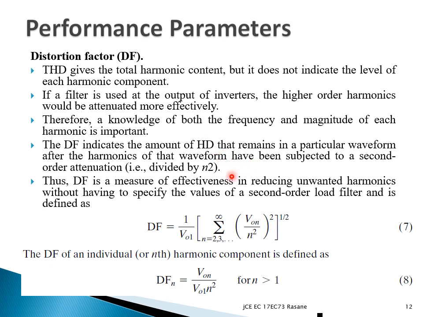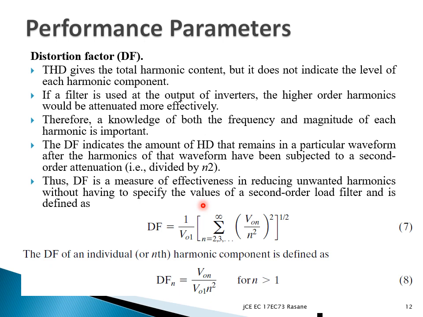We subject it to a second order filter. Thus the distortion factor is a measure of effectiveness in reducing the unwanted harmonics without having to specify the values of the second order load filter.